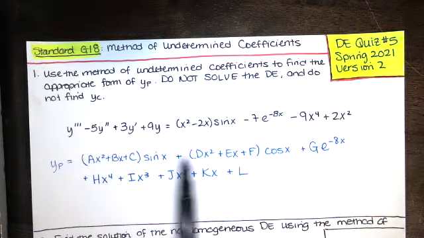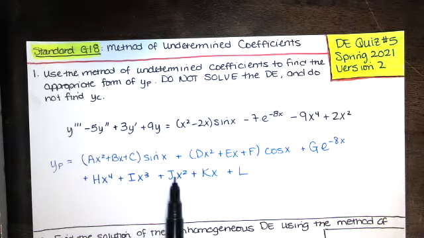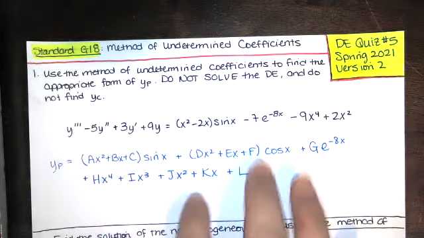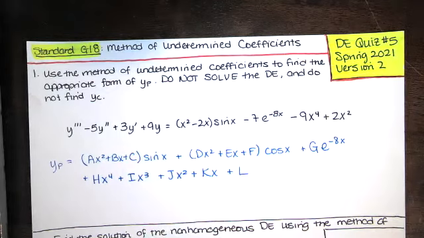Now there are 1, 2, 3, 4, 5, 6, 7, 8, 9, 10, 11, 12 constants there. If we were actually solving this differential equation, we would first have to find y sub c. We would come up with this guess. We would multiply by extra x's as appropriate, depending on whether we have any terms on this list that are terms in y sub c.